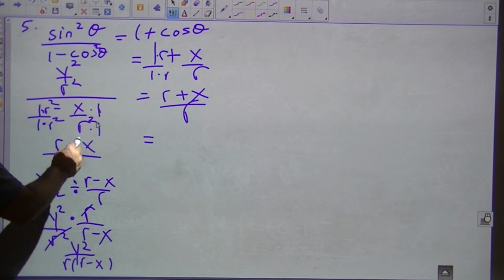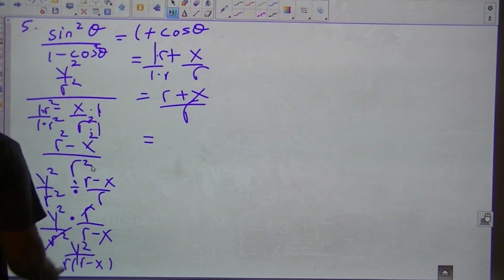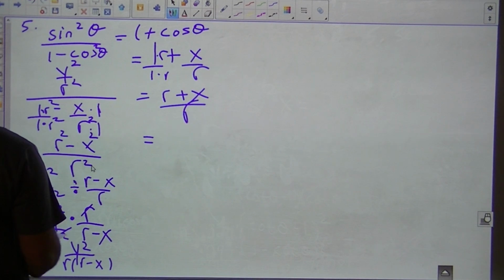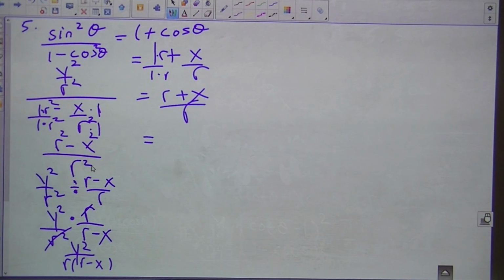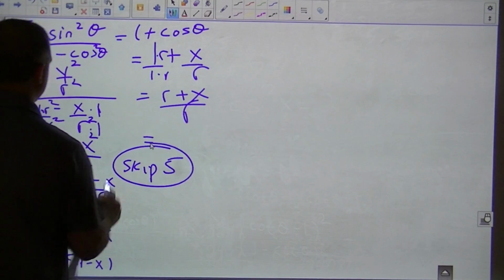That would make that r squared minus x squared, which would be y squared. Yeah, I don't know why that's not working. Okay, just don't worry. You can go ahead and skip number 5. I don't think that trig proof works.